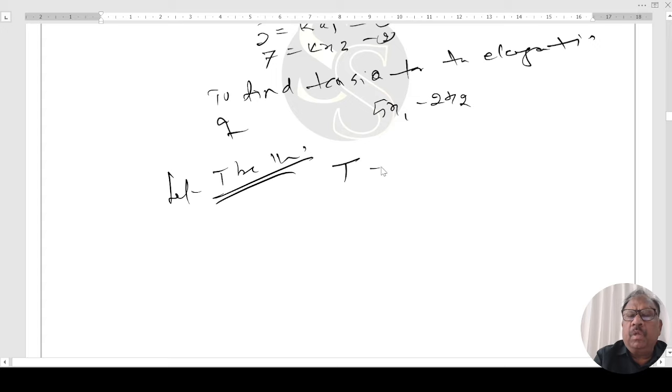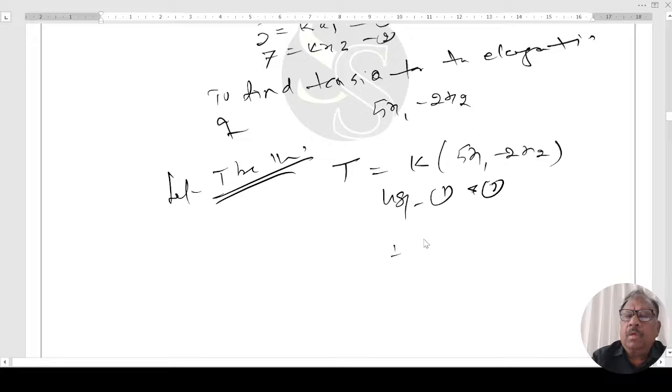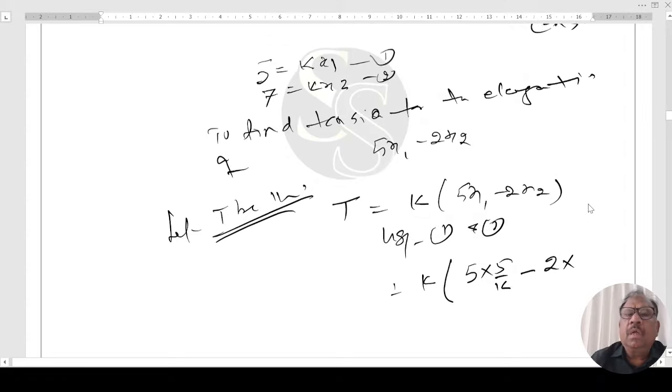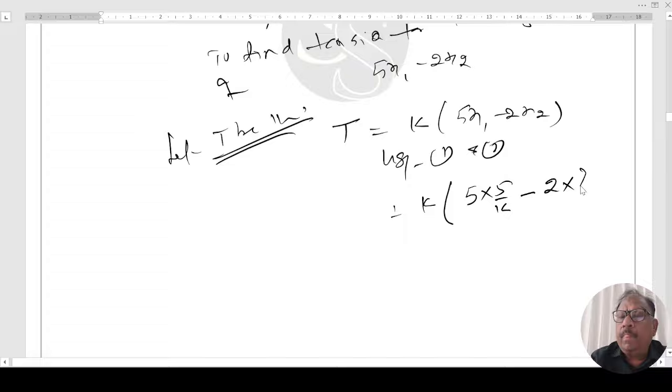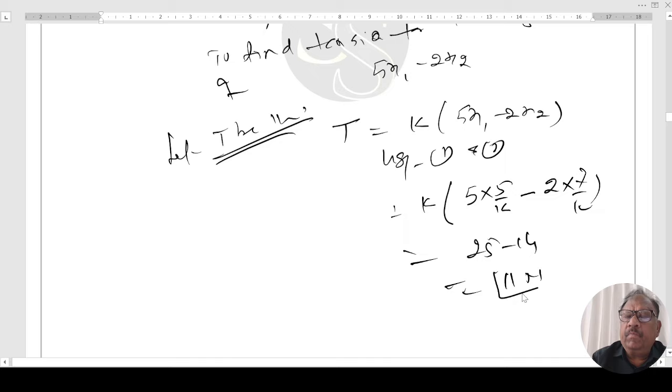T is proportional to that with constant K, because we are using the same spring, K will be same, 5x1 minus twice x2. Using equation 1 and 2, K into 5 by K minus twice, that is 7 by K. K cancelled, 25 by 14, that is 11 Newton.